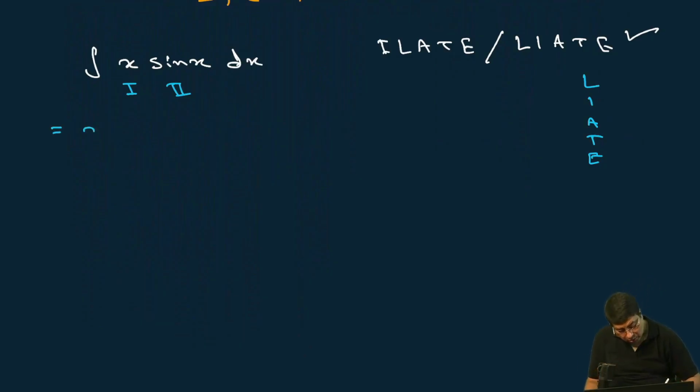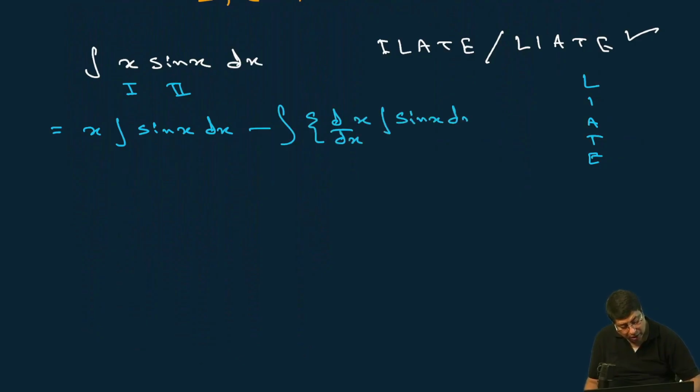So u times the integration of v, minus the derivative of u times the integration of v on total another integration.